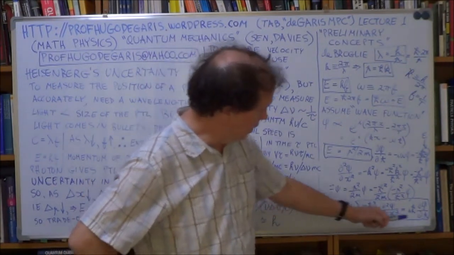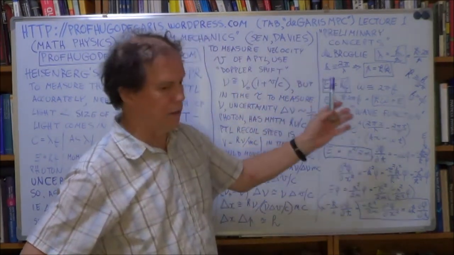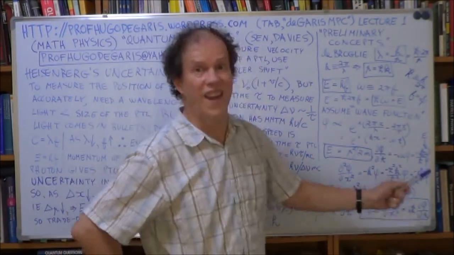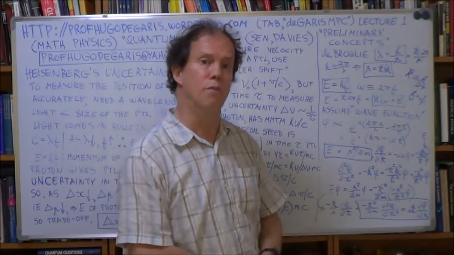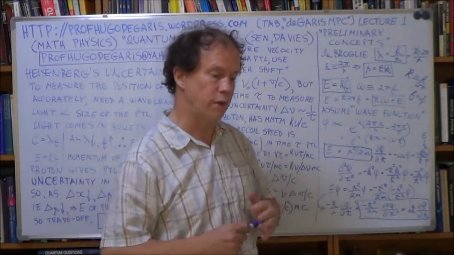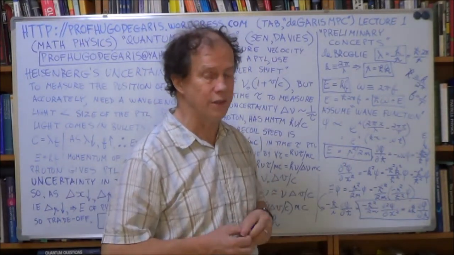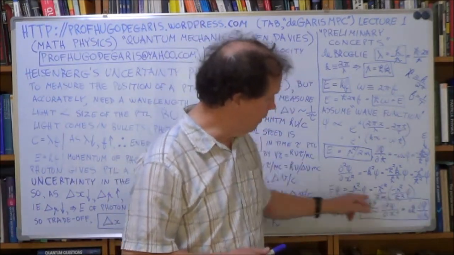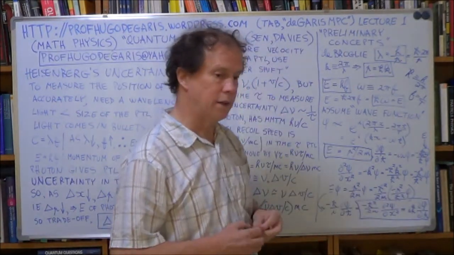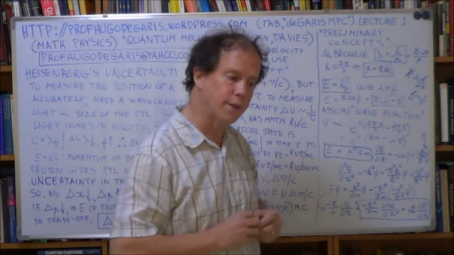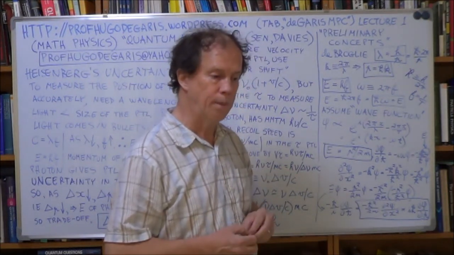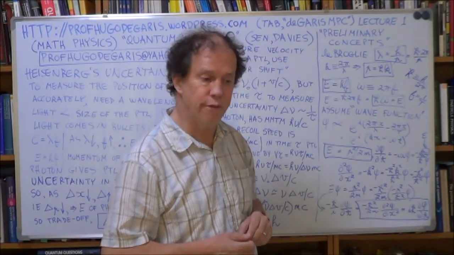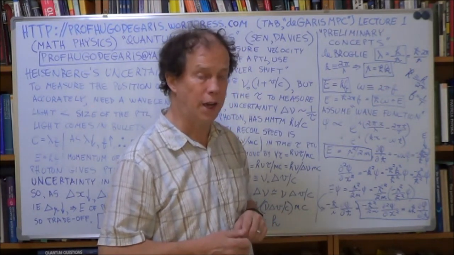Once he derived this, immediately the physics community loved it because it was a wave equation. People were familiar with wave equations because they were part of classical physics for a long time. So this was very popular, much more popular than the previous so-called matrix mechanics invented by Heisenberg.